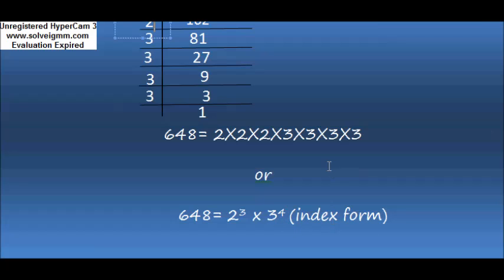If it is given in the question to find the prime factorization and write your answer in the index form, then you will write your answer in this form. Otherwise, you can write this form also. This is also correct. Index form notation I have already explained in my last lecture. So the first 2 questions you can see in my last lecture.